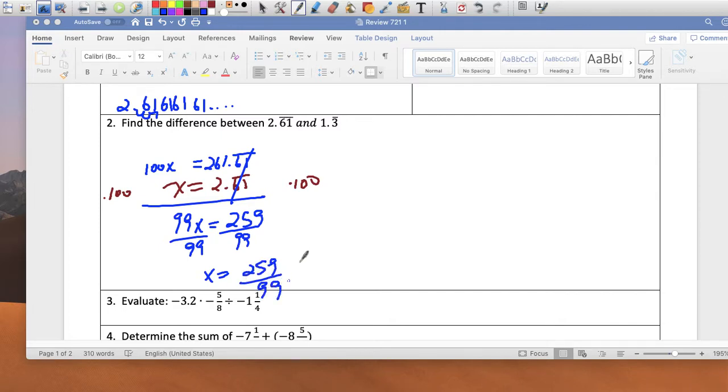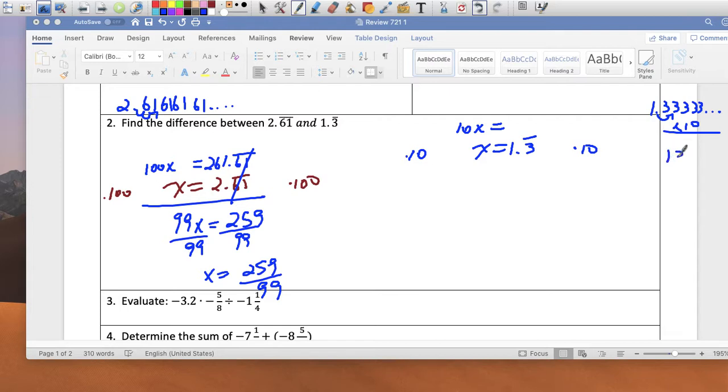I'm going to leave it like that for now because I'm not going to have to subtract, right? So x equals 1.3 bar notation, and this one I'm going to multiply by 10 because there's only one repeating number. So 10x, and again 1.333 looks something like this. Multiply by 10, we're going to shift our decimal 1 over to the right, right?